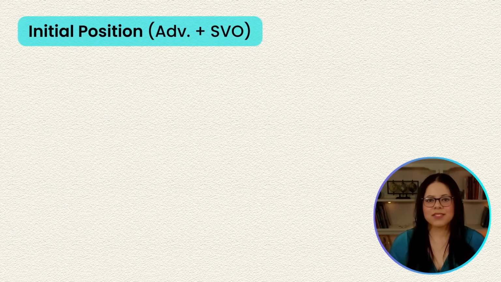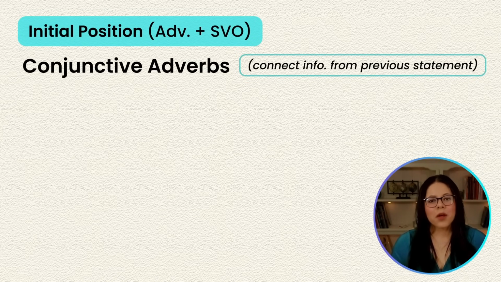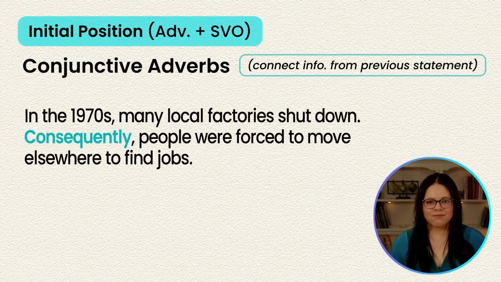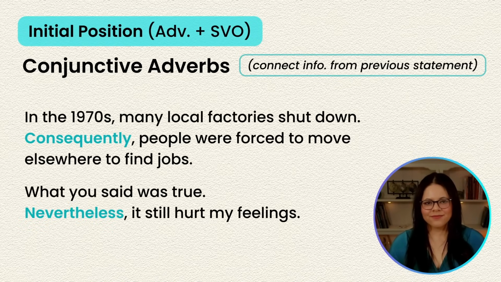We also have some adverbs in the initial position at the very beginning of the sentence. For instance, conjunctive adverbs connect information from the previous statement. In the 1970s, many local factories shut down. Consequently, people were forced to move elsewhere to find jobs. What you said was true.